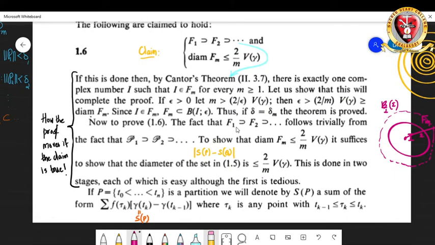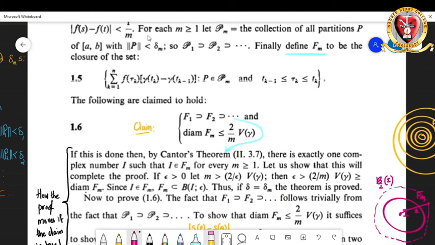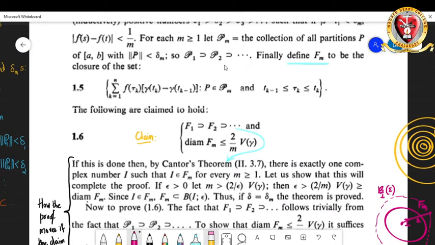How will we prove that F1 is a superset of F2, a superset of, etc.? That obviously follows from the collection of partitions being such that script P1 is a superset of script P2, a superset of, etc. We already know that the collection of partitions has this property, and from it we are taking the P's and defining the Fm's.